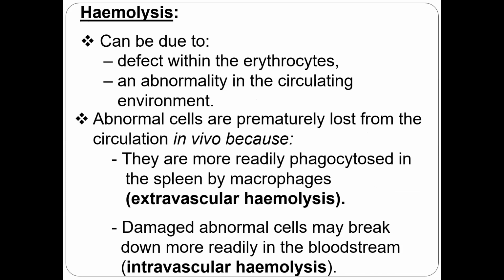I did mention earlier that hemolysis could be intravascular or extravascular. Either way, it is loss of blood. And because the red blood cells are being lost far more than we are producing them, then anemia is going to occur. So production cannot match destruction, leading to anemia.